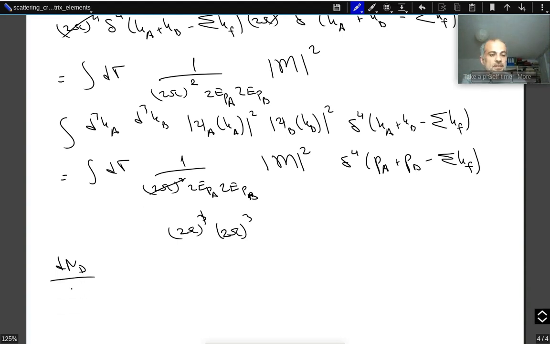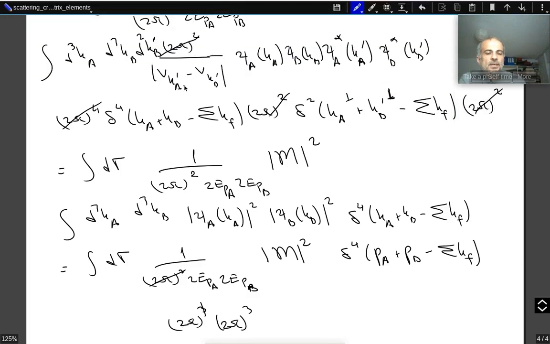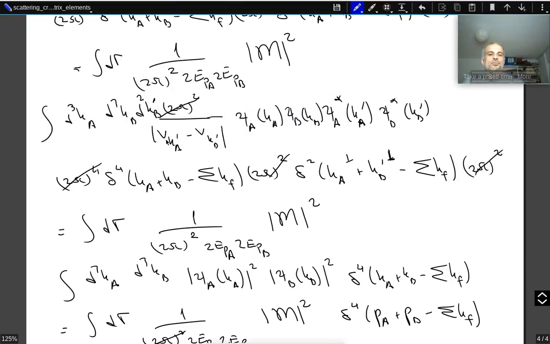And so we have dN, the number of particles that is scattered into my detector through a beam of length La with a volume density of Na, is given by dΓ, 1 over, I also had a factor of v. Here I also use the same approximation.